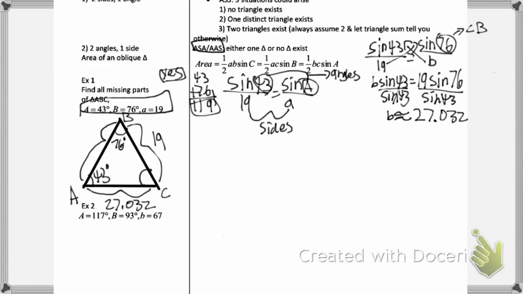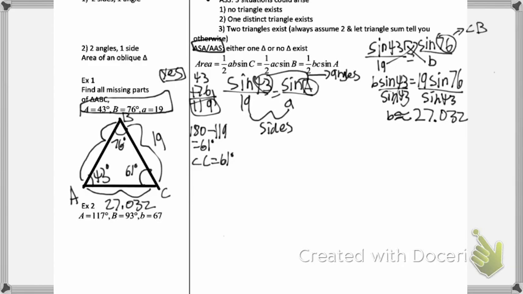To find angle C, we already know you just subtract 43 and 76 from 180, but we already added both of these: 43 plus 76 equals 119. So let's do 180 minus 119. We get 61 degrees. So angle C equals 61 degrees.